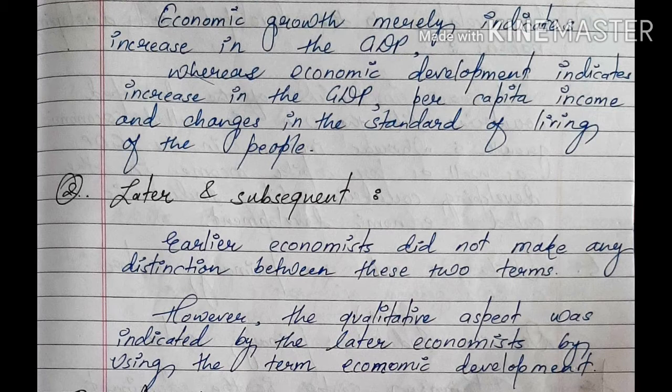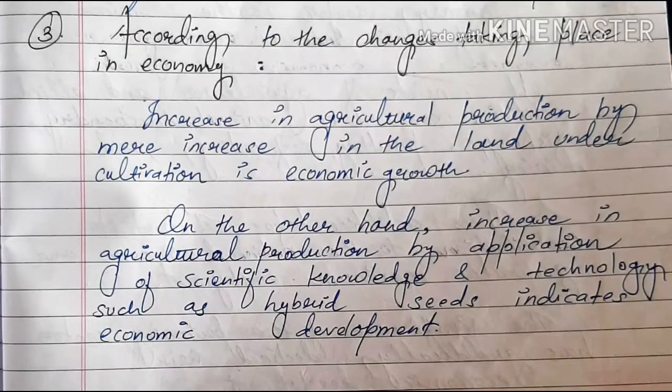Second one is later and subsequent. Earlier, economists did not make any distinction between these two terms. However, the qualitative aspect was indicated by the later economists by using the term economic development. Third one is according to the changes taking place in the economy.